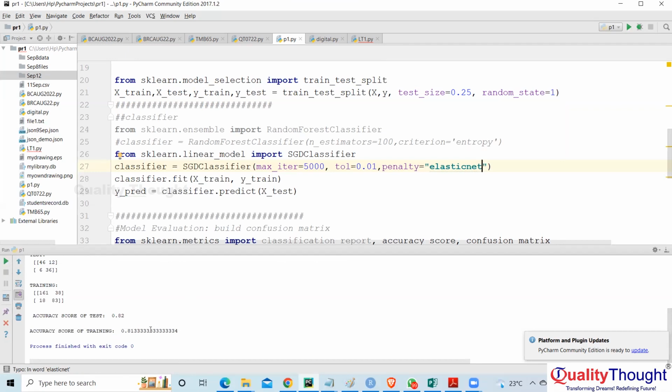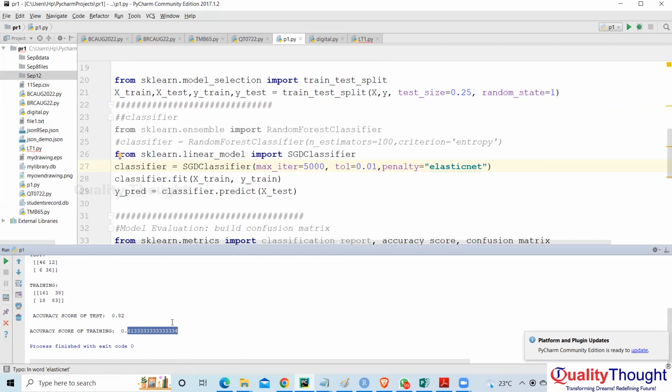So here the accuracy is low compared to others, isn't it?